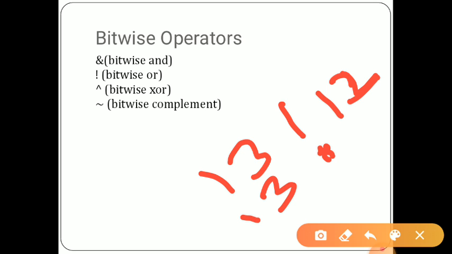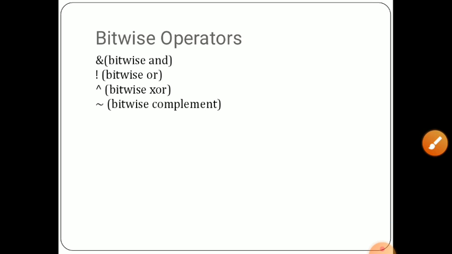Then XOR is the exclusive OR operator. In this case, if both values are 0, it will return 0, and if both values are 1, then also it will return 0.